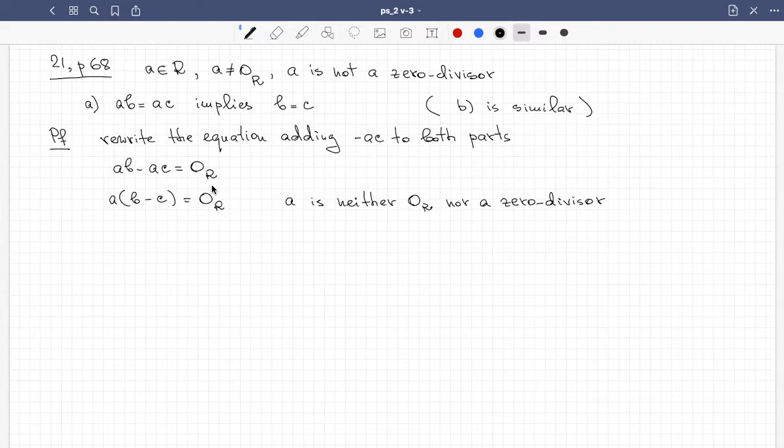Here we do produce 0, and that means that we multiplied it by 0.